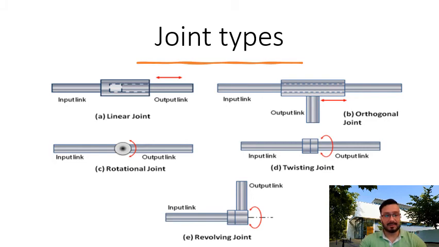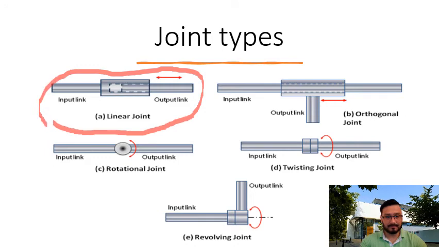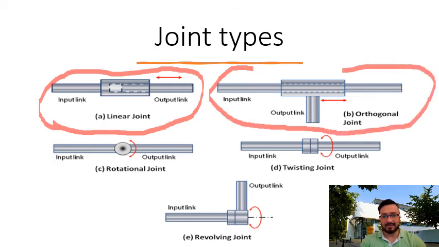For example, here we have the first, the linear joint. Then we have the orthogonal joint, also called type capital O joint. This is also a translational sliding motion, but the input and output links are perpendicular to each other. So here we have the orthogonal joint.